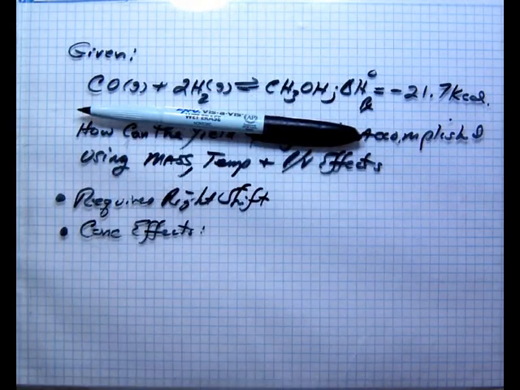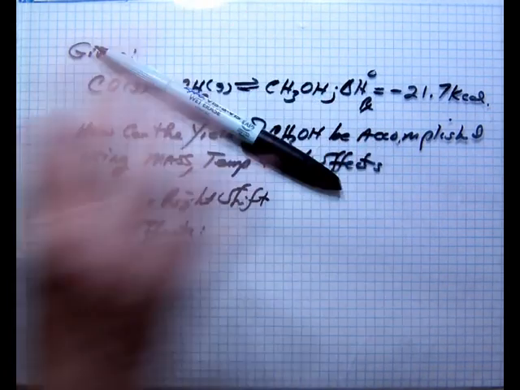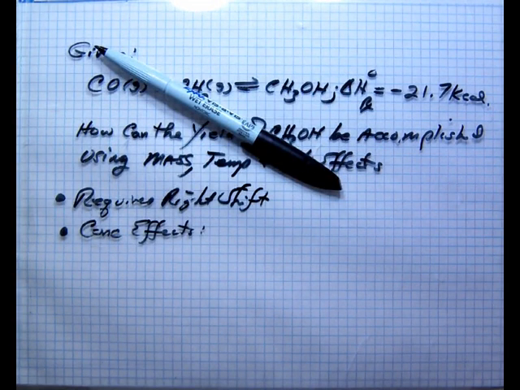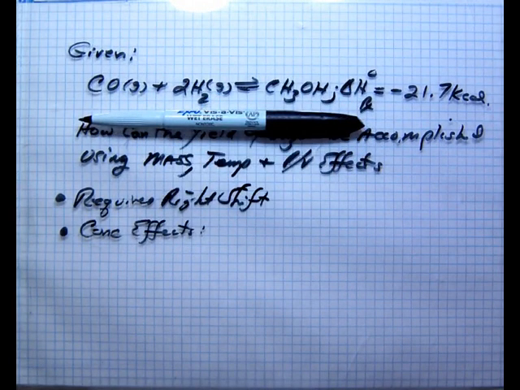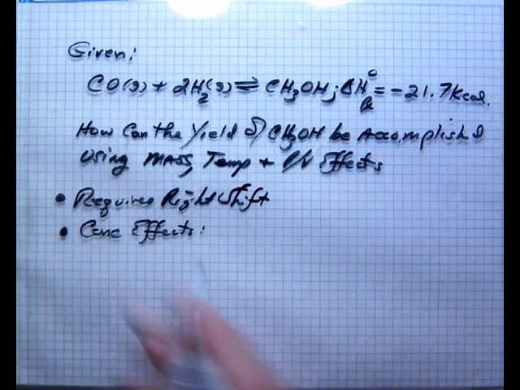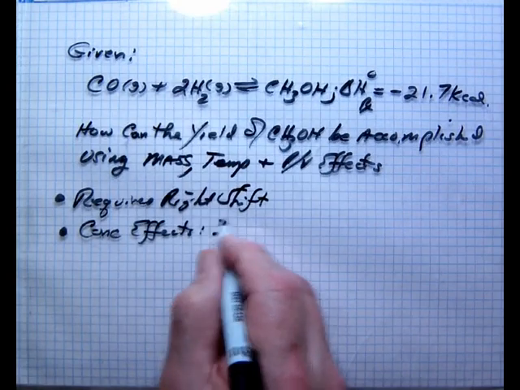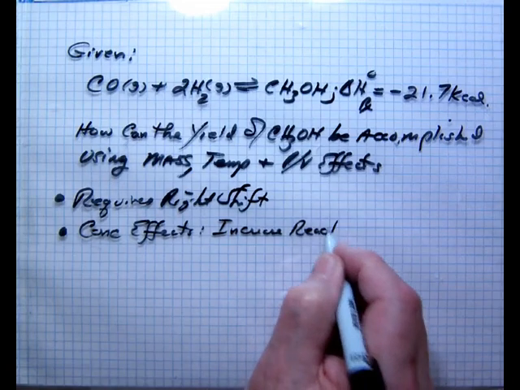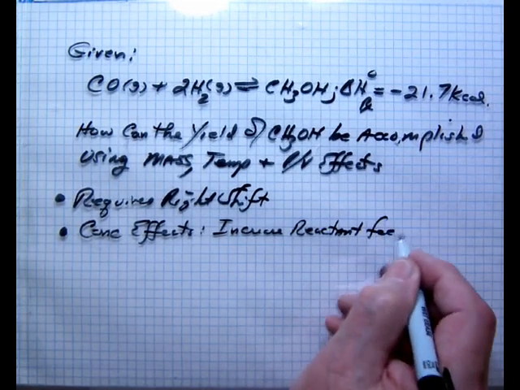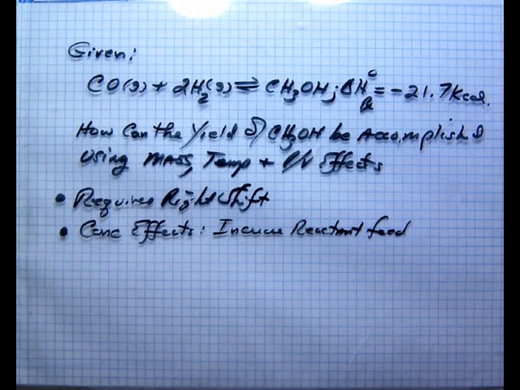We do not want to cause a right tilt, because it shifts back to the left, and that violates the question that's being asked. So concentration effects would increase the feed, the reactant feed, the amounts of CO and hydrogen. One or both will cause the reaction to shift to a higher yield.